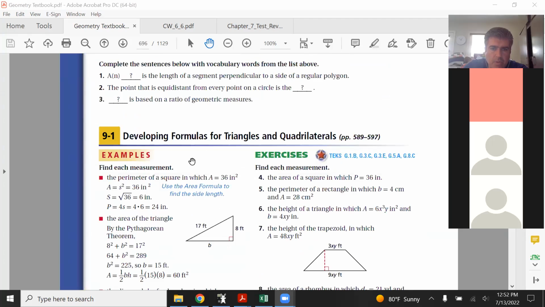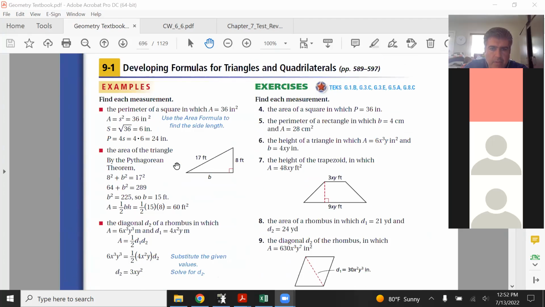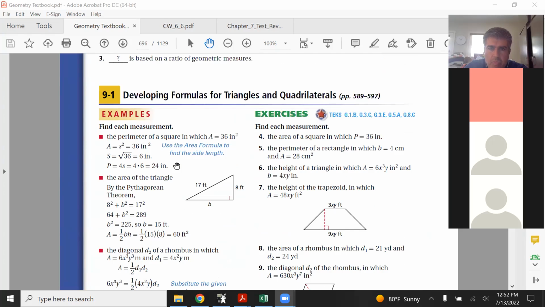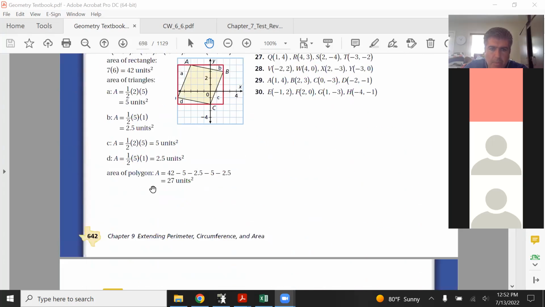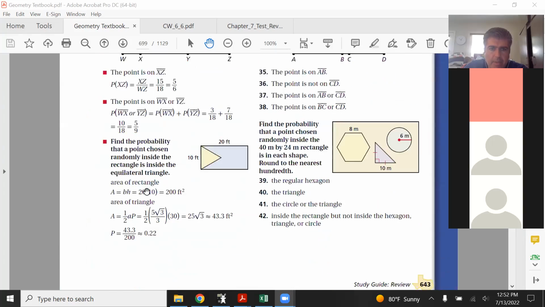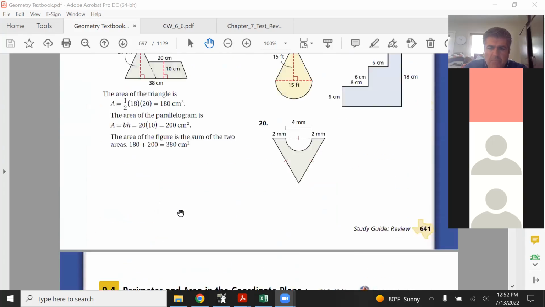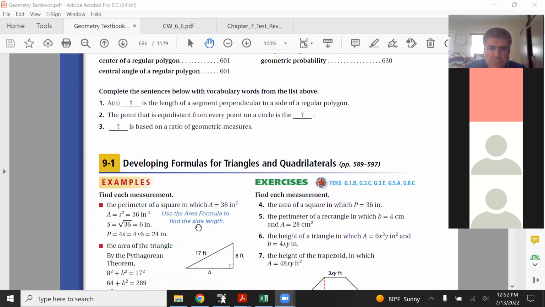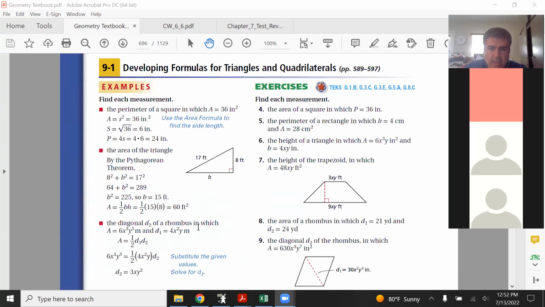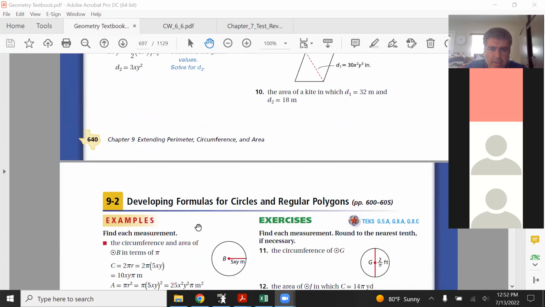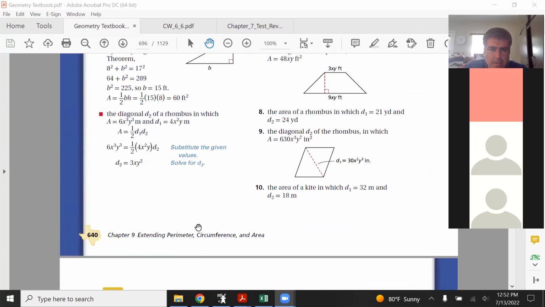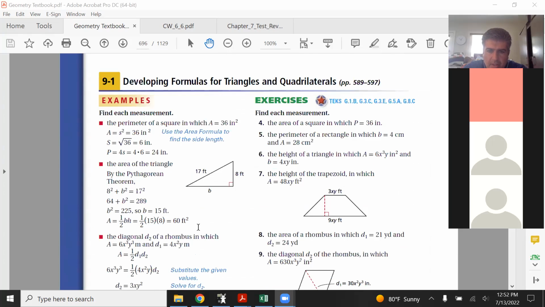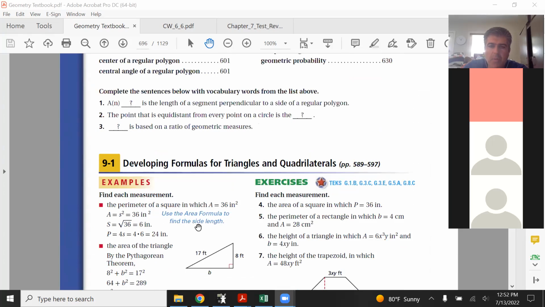No, we didn't deal with circles. Triangles, quadrilaterals. Yes, that would be good. Didn't do composite figures. Didn't do perimeter and area. It looks like that's all covered in 9-1. That's interesting. Did it all. Okay. Well, anyway, I'll make sure.